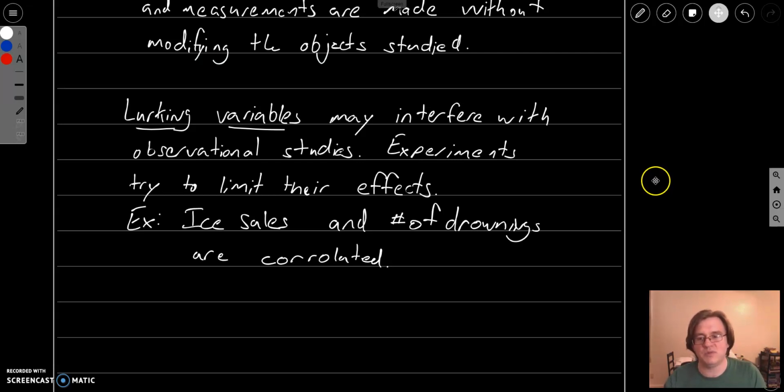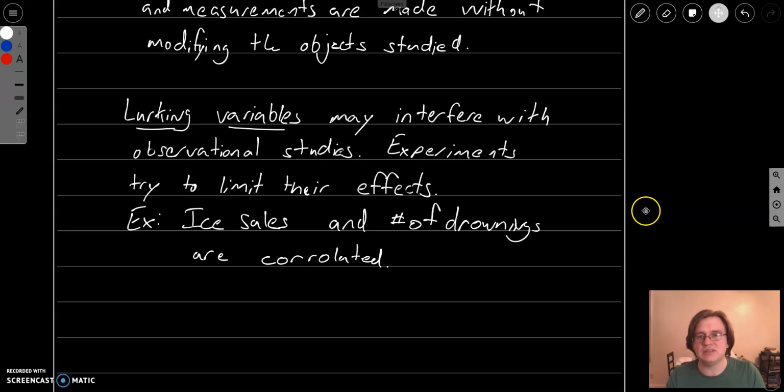Maybe the more people that buy ice, the more drowning there is. But in hindsight, most drownings happen during the summer when more people are in the water and more people buy ice during the summer. So these lurking variables are hidden variables that influence both things being studied, both things being compared.